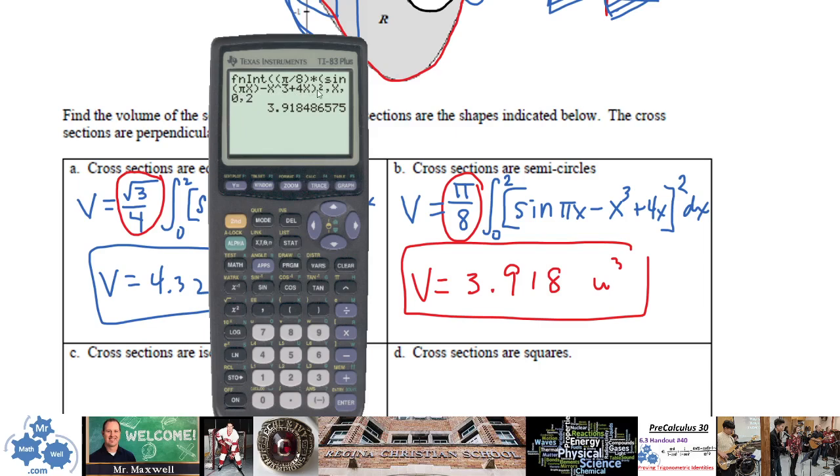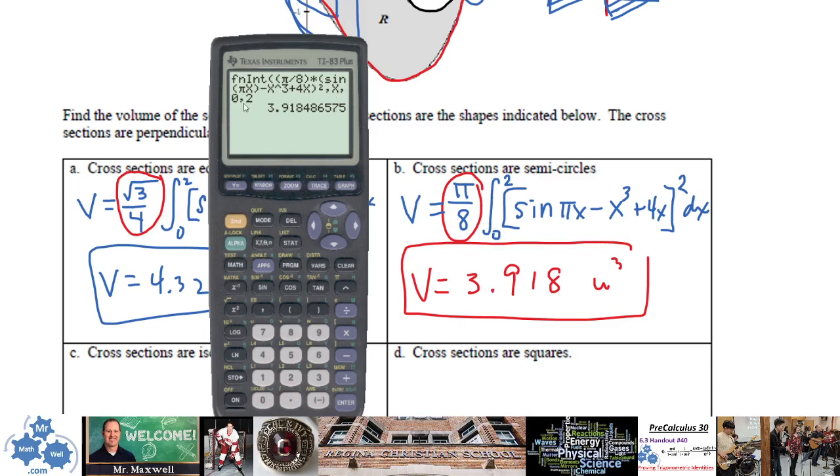All squared. And then you've got to do a couple special things. You've got to hit the comma here, comma x. So this is basically like the dx. Integral, this is dx. So comma x. And then you've got to type in your limits of integration in order for it to find a definite value.